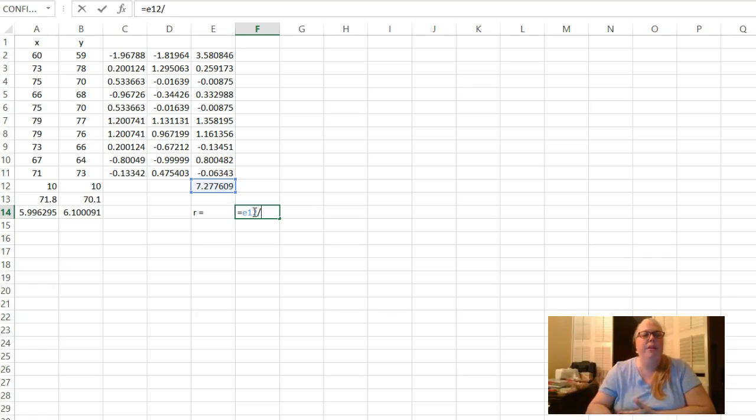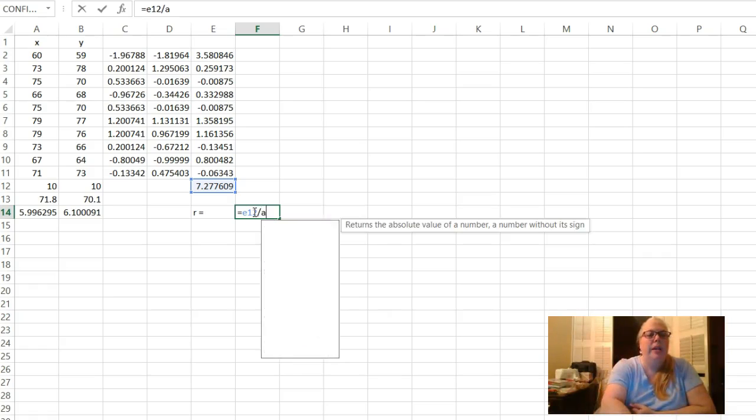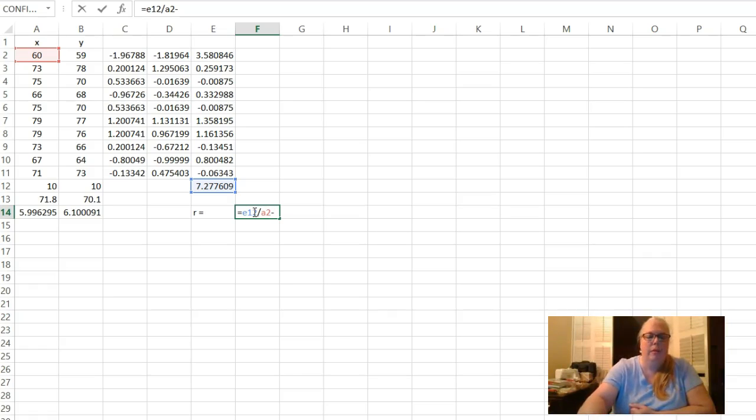Well, remember, we've already figured out our n. We did the count back over there in line 12 for A and for B. That was 10. So we're going to be dividing by, and I'm just going to put A2. Oops, I better put this in parentheses. A2 minus 1.